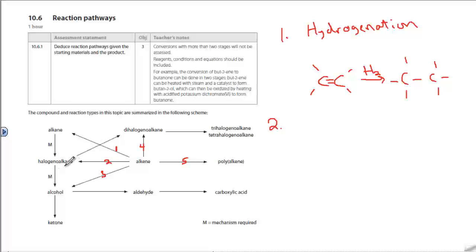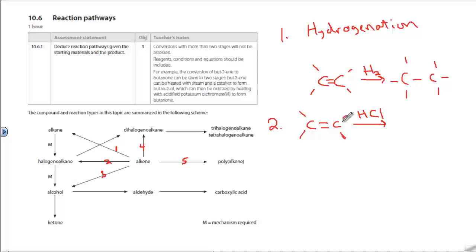Number 2 is the process of making a halogenoalkane. Remember, a halogenoalkane is a carbon-to-carbon single bonded group with a halogen attached. So we'll start with our same ethene compound as we did in the alkene video, and we'll add a hydrohalogen, HCl, because remember, this is a single halogen attached. You can see at the top dihalogen, which is 2 halogens, so that's a different process.